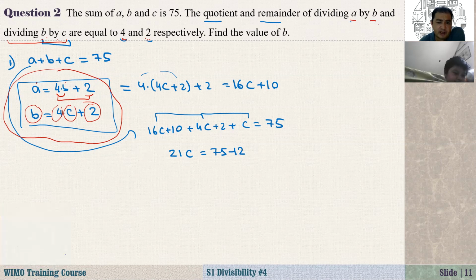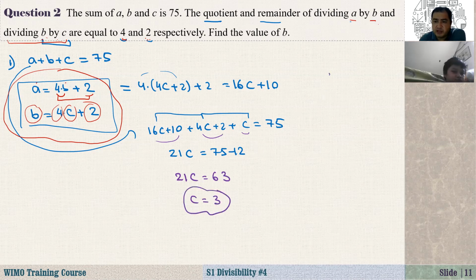So after that, I have to express all A, B, C in terms of one variable, either in A or in B or in C. Here I just did this in C, and instead of B, write 4C plus 2, and simplifying, here we have 16C plus 10 for A. A plus B plus C is equal to 75. If you simplify, we get 21C, and 10 plus 2 is 12, take to the right-hand side. So 21C is equal to 63. Now from here, C is equal to 3.